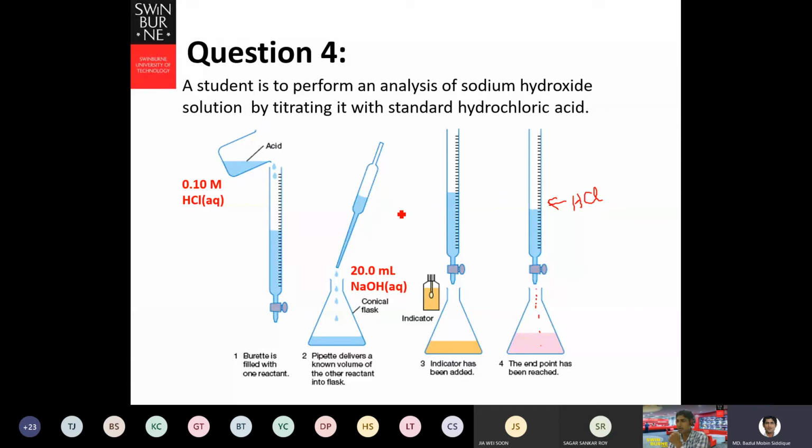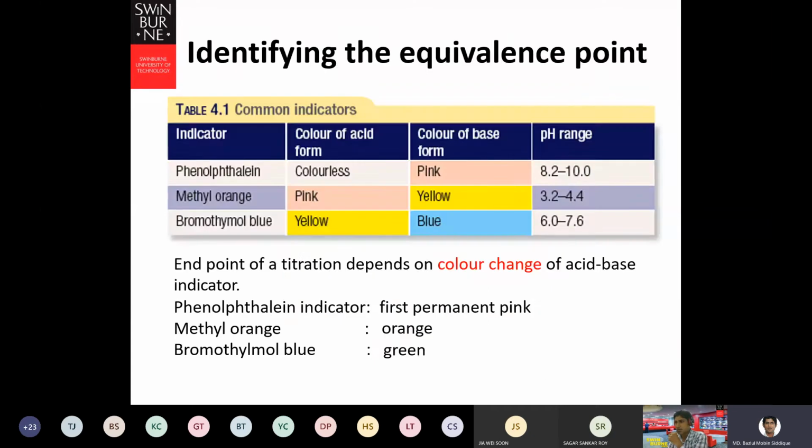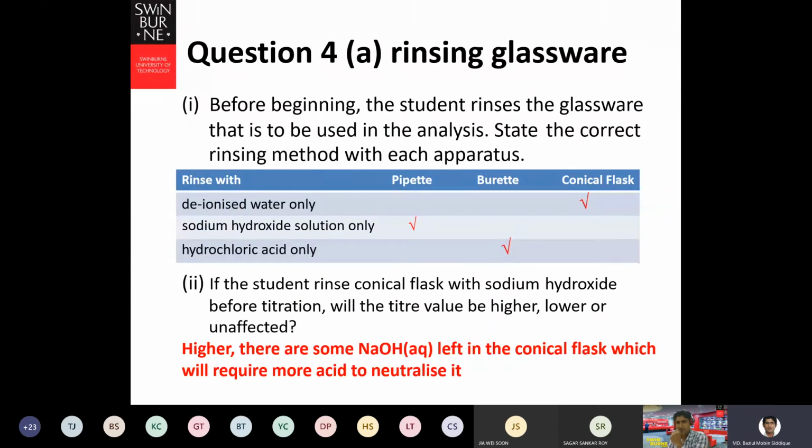We do not know what type of ion. It may react with the HCl because HCl in the solution is ionized. They may react with that or cause trouble with the reaction. So that is why deionized water. But the good thing is we can also use distilled water, and the result is very similar to each other.